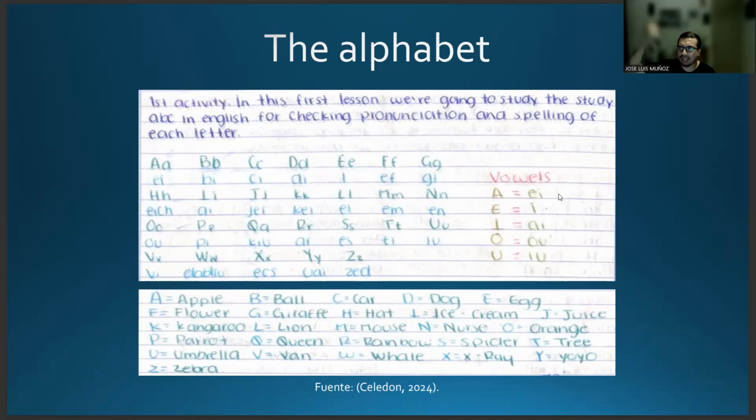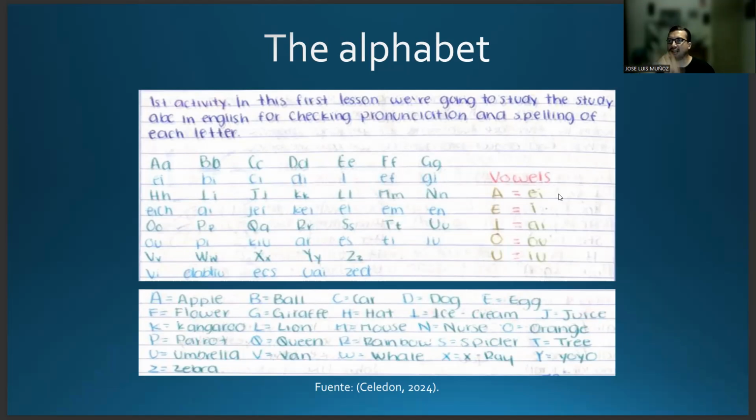Then we have umbrella. You could use the umbrella for taking care of the water, you know, when it's raining. Van, a van, like a truck. Then you have whale.